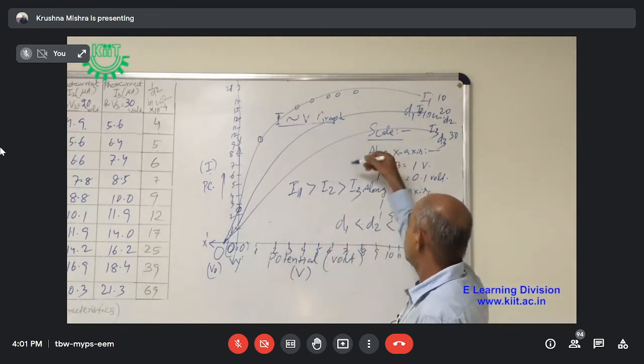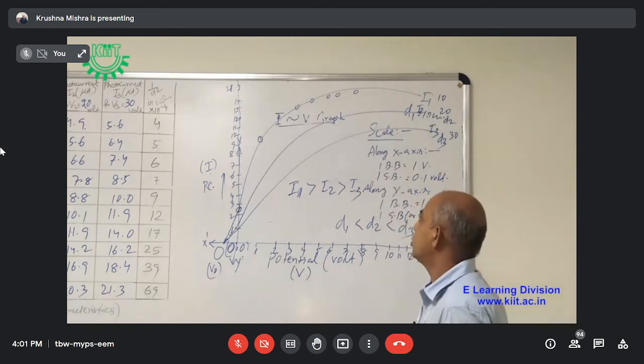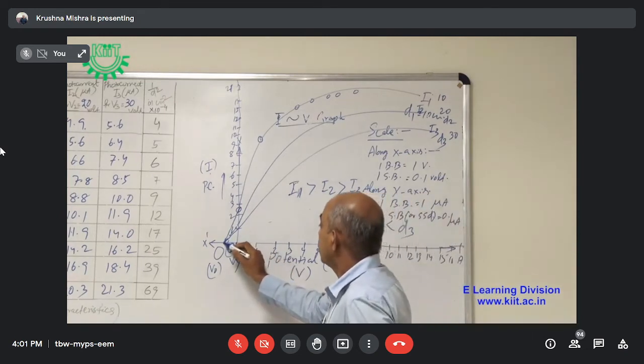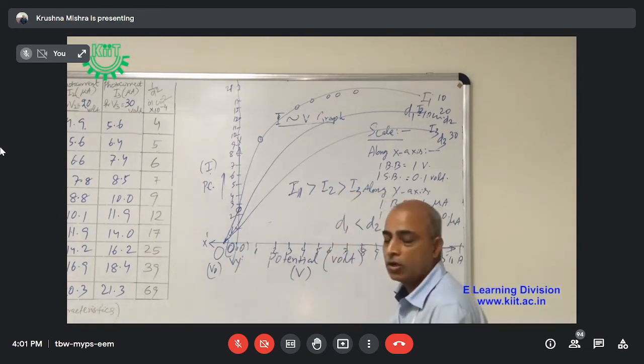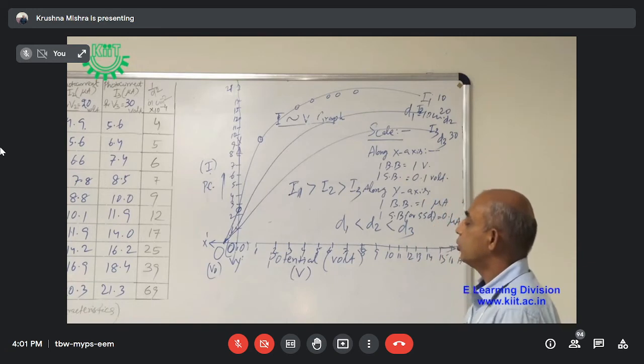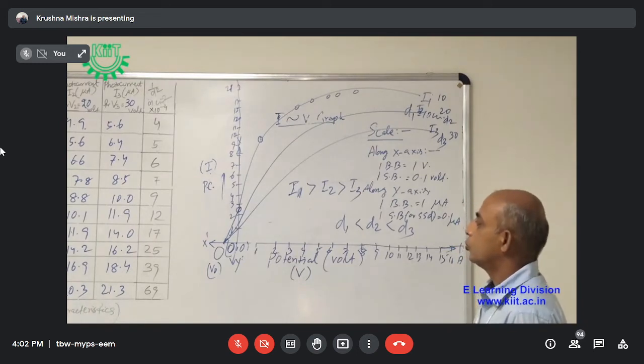For all the curves we have fixed the frequency of light radiation constant. So the stopping potential is independent of intensity of light and depends on the frequency of light. This is one of the characteristics that we conclude.